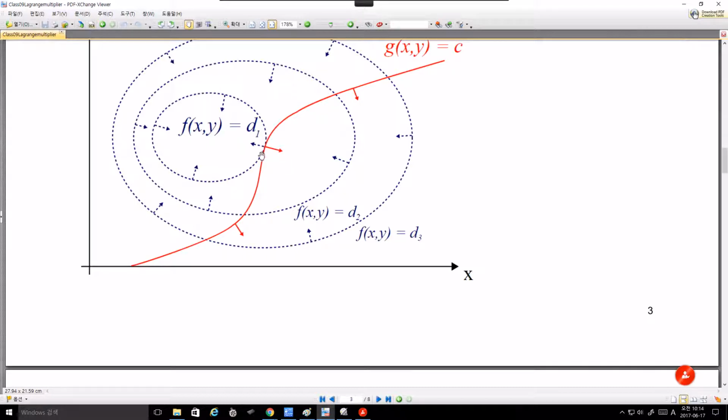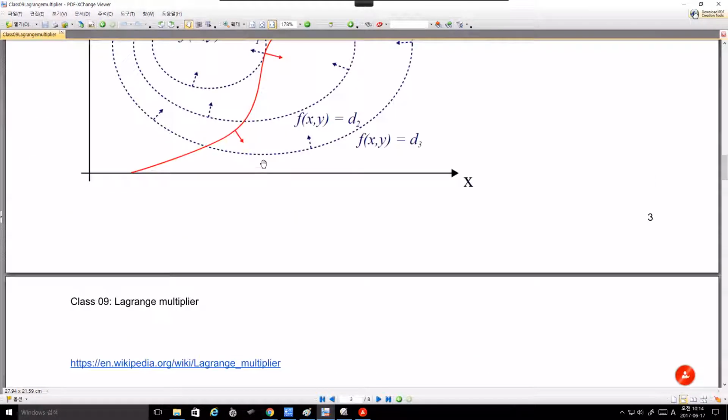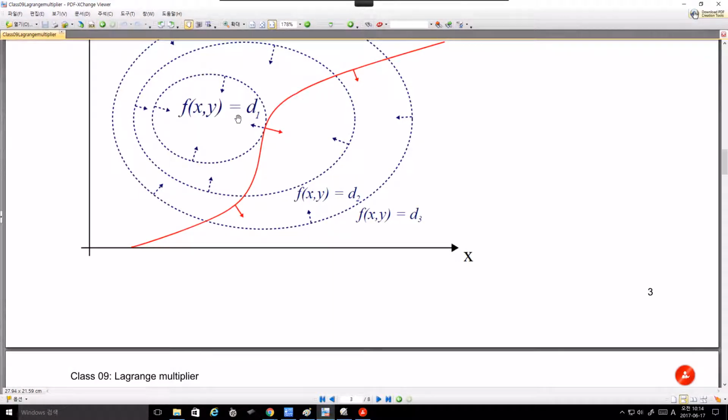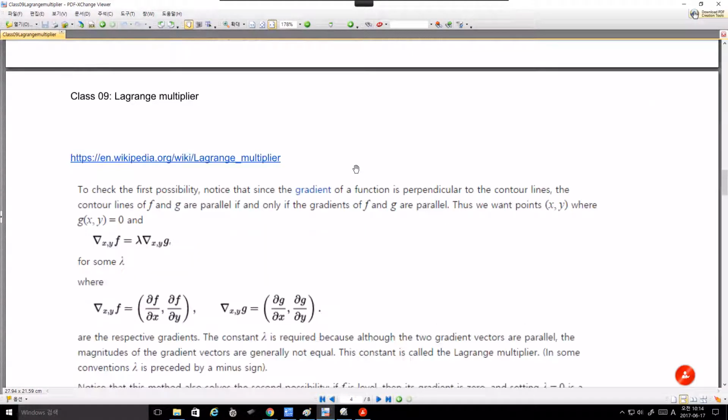Although they may be opposite, same direction means they are on the same line. So the contour lines of f and g are parallel if and only if the gradients of f and g are parallel, on the same line.